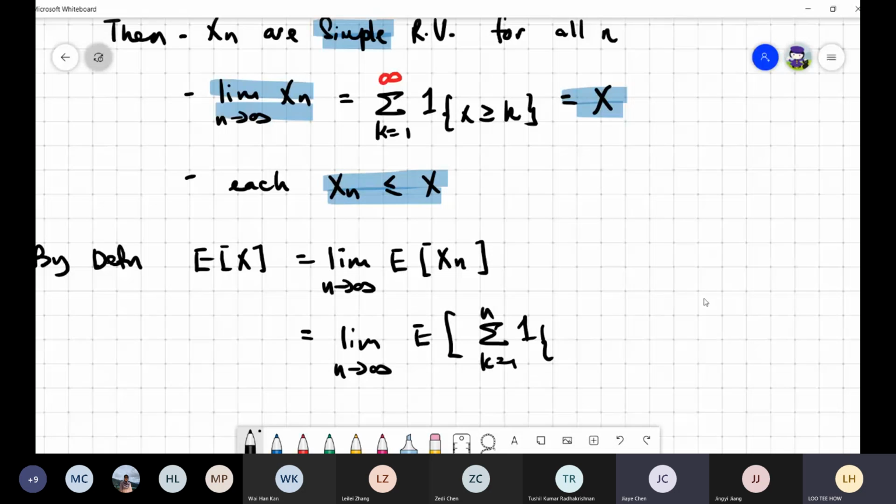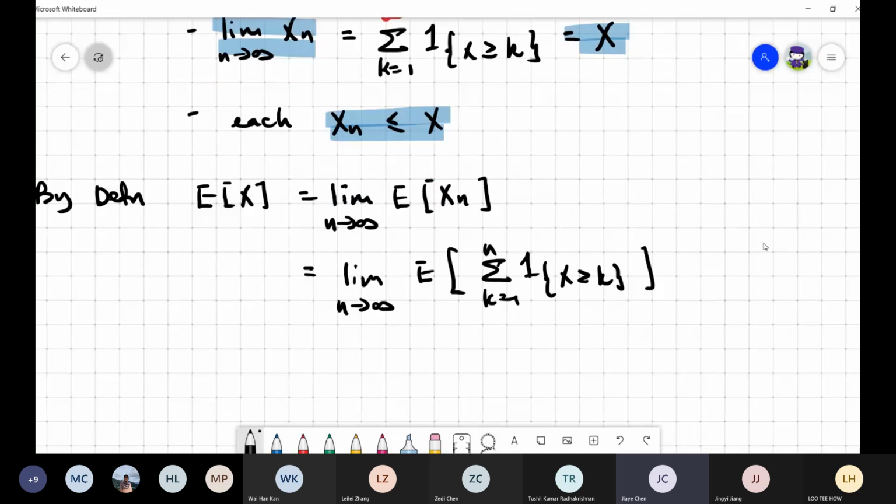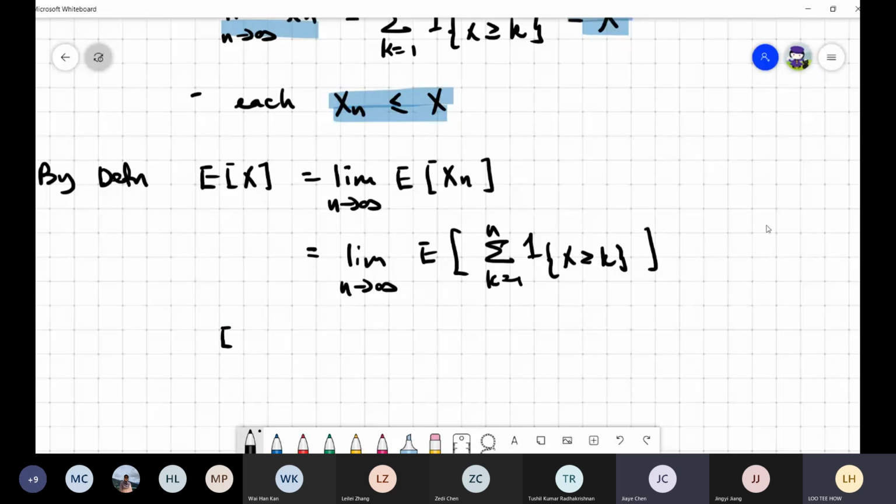Oh, sorry. We call it simple random variables. Then we can see E of x will be equal to this, P of x greater than or equal to k.